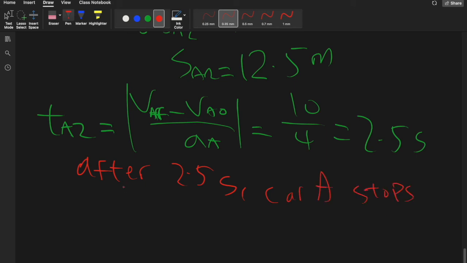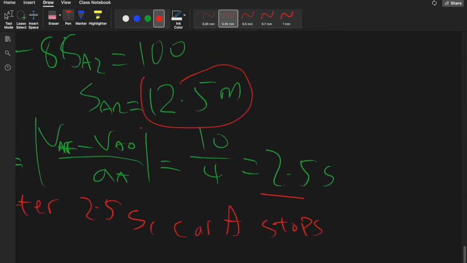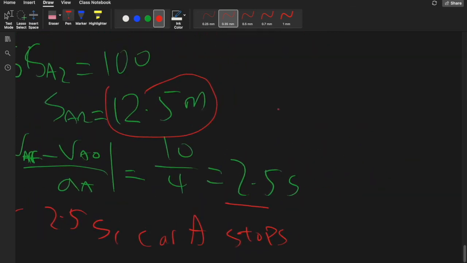Then what about car B? Well, we know this quantity is how much car A travels, and if car B wants to pass car A, it must also travel this distance, and after this distance, car B will pass car A, right? So let me draw a picture.